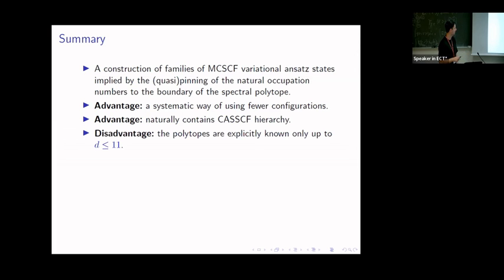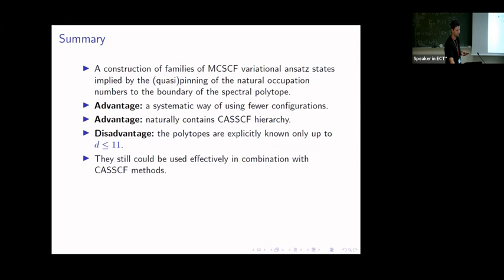One obvious disadvantage is that those polytopes are only known up to some 11 orbitals, so we cannot go too far with the dimension of the active space. However, those methods could still be embedded in some CASSCF method, right? So we could just say we have a number of core orbitals, a number of virtual orbitals, and some 11 active orbitals, and then we can use this for a larger setting.